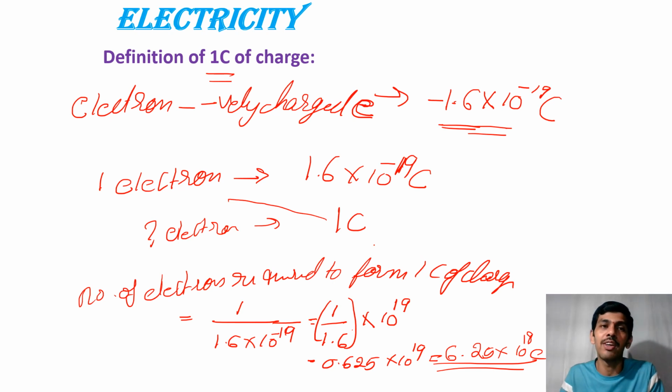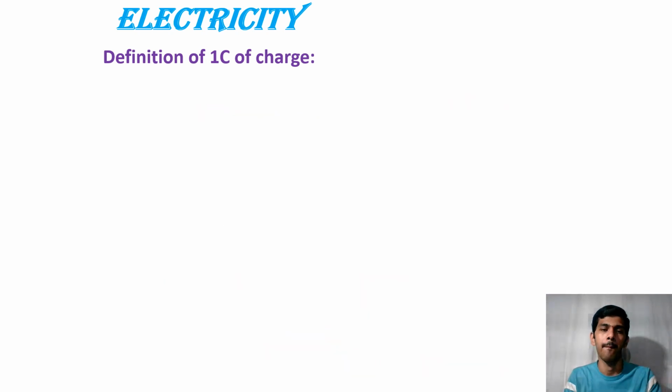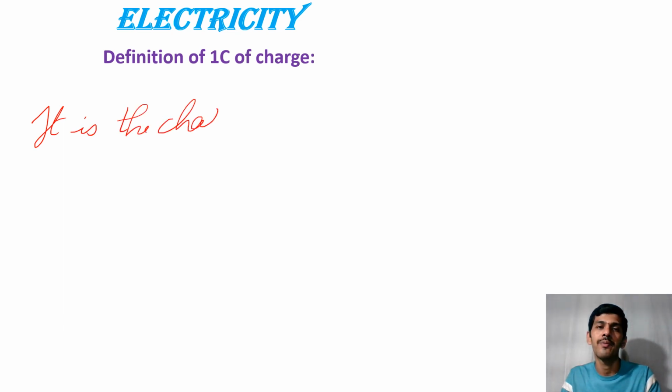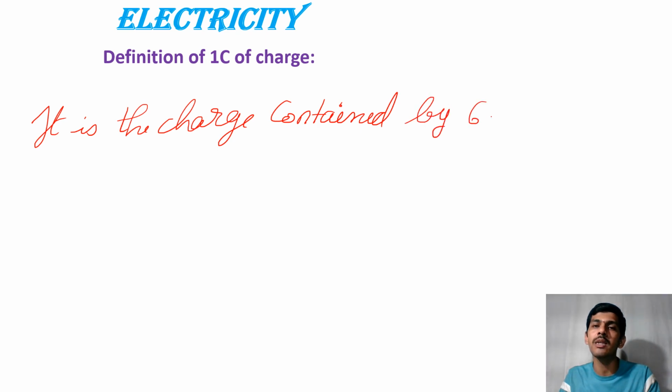So how to define 1 coulomb then? The definition of 1 coulomb: it is the charge contained by 6.25 into 10 to the power of 18 electrons.